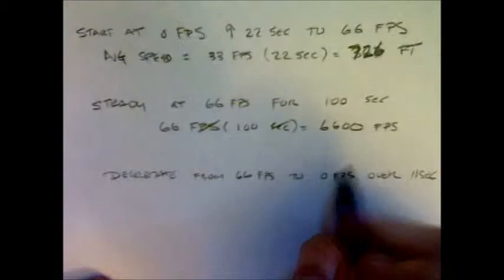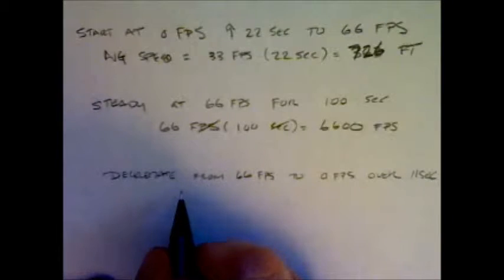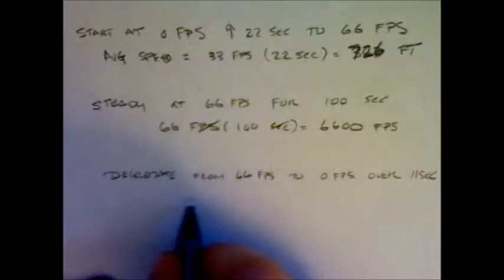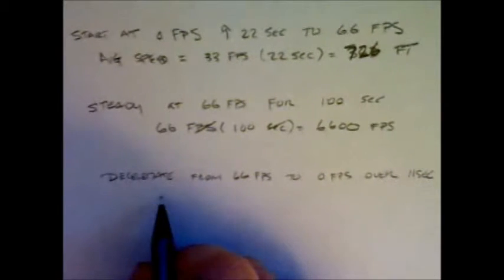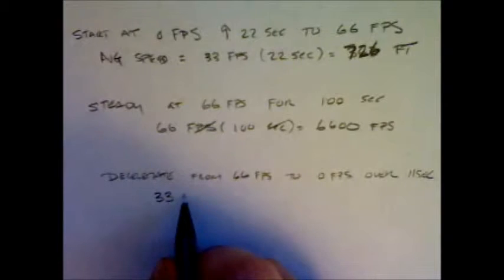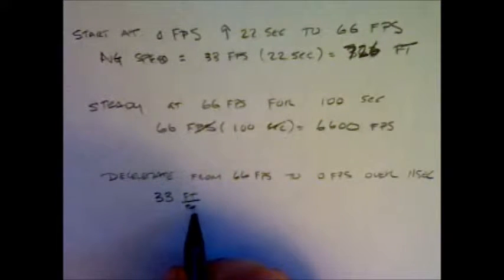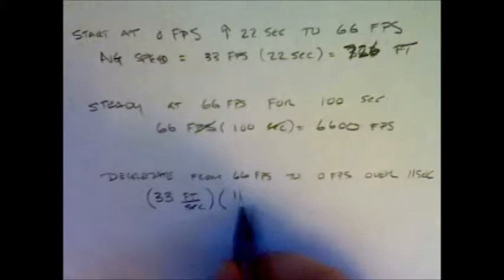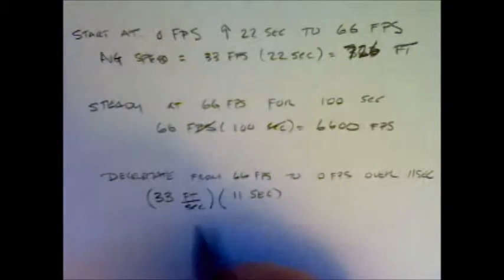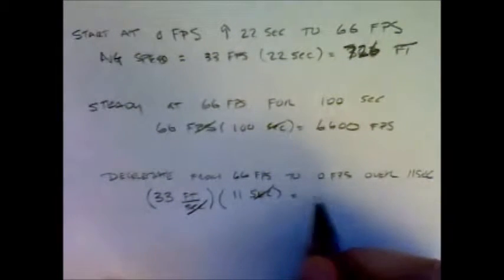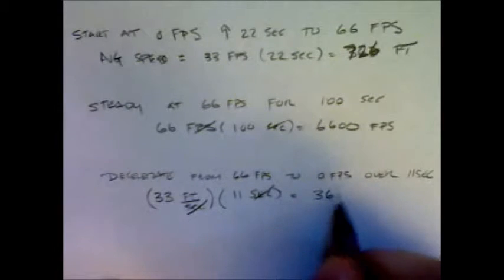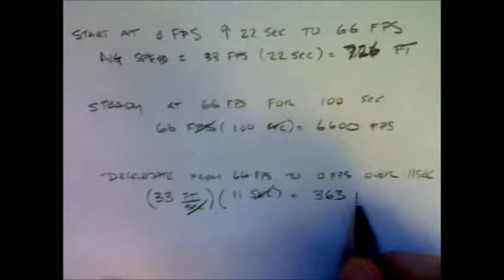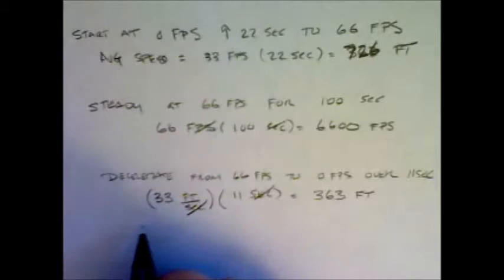Actually, I'm going to travel 6600 feet. Okay. And then I'm going to decelerate. So again, my average speed is going to be 33 feet per second times 11 seconds. And that's going to equal 363 feet.